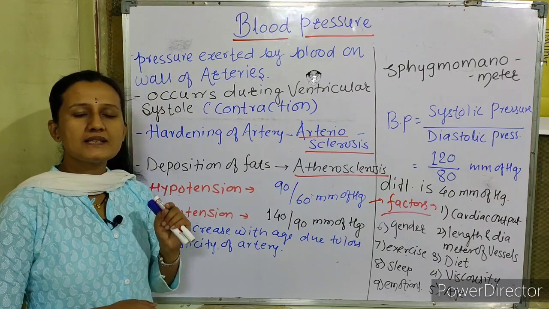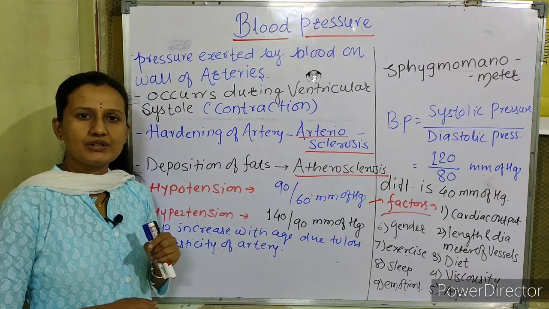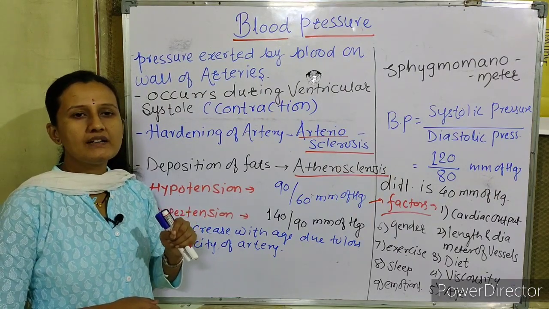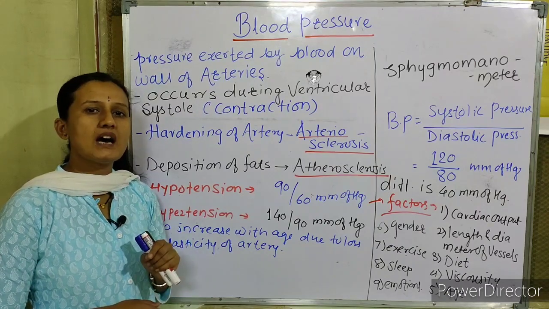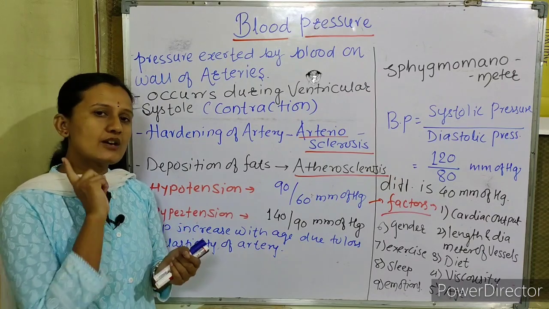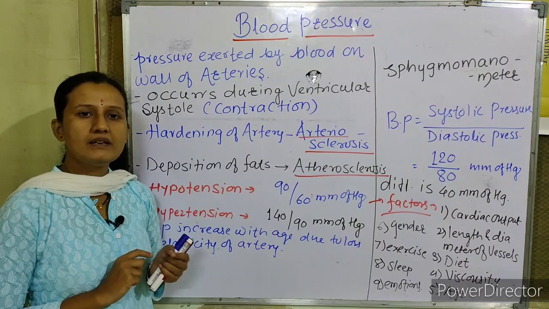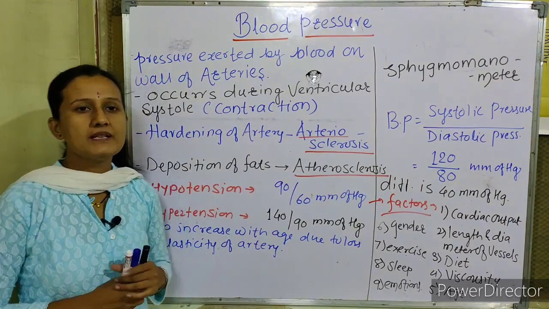Pulse gives the arteries' wave of contraction. It is felt in the main arteries, such as the radial artery of the hand, and the carotid artery, which provides blood to the brain or the nervous system.